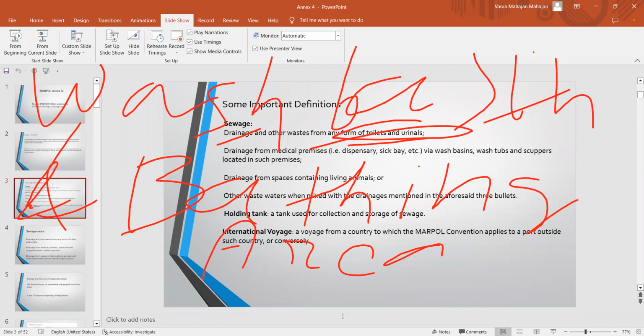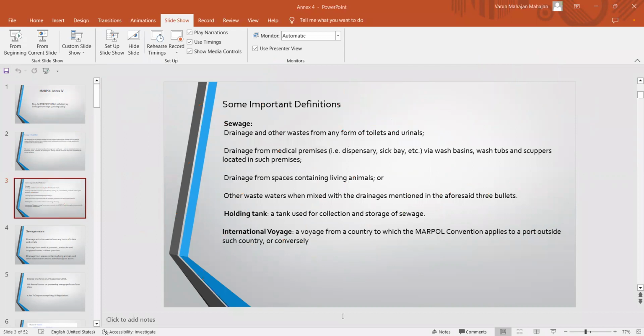Okay. Then what about your medical premises? We have a hospital on board, right?